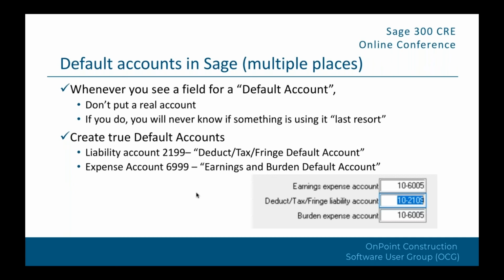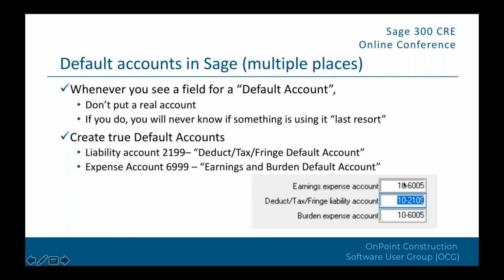But whenever you see a field that's calling for default accounts, don't put a real account there, because then you'll never know if it's going to that default account as its last resort to pull the information, because it couldn't find it any place, so it's gone down to the last resort and having to pull it from there.